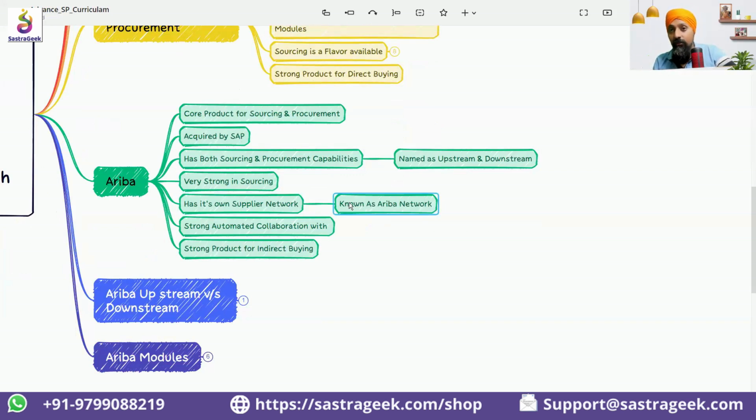Once registered, they would be able to see the requirements coming from different places, and respond to them. This gives suppliers a platform where they can log in, check, respond to the bids, get the requirements, get the purchase orders, give their confirmations from that tool, and also give their invoices digitally to the companies. So a strong supplier network is also provided by Ariba.